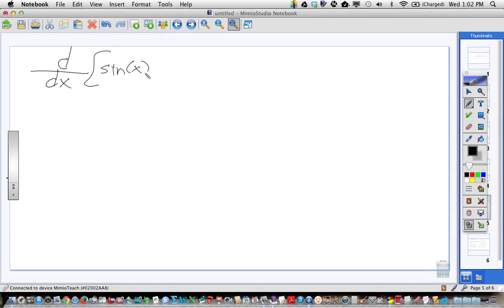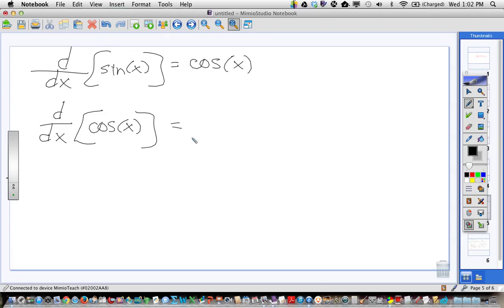So we already know the derivative of sine, and that is cosine. So the next one that would make sense would be the derivative of cosine. What is that? Close.